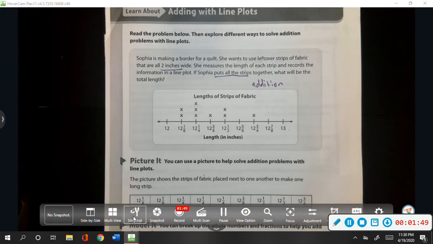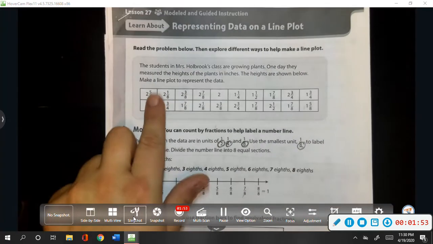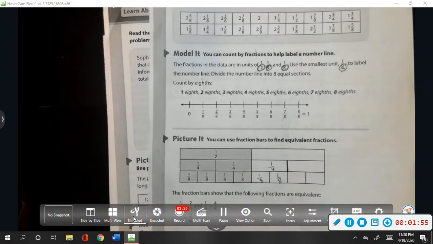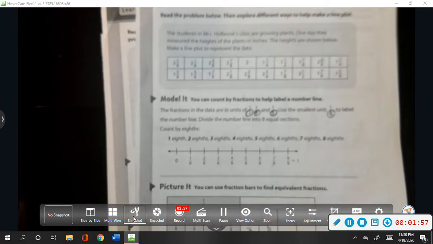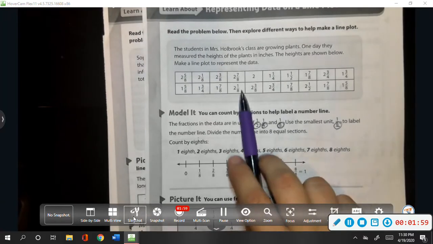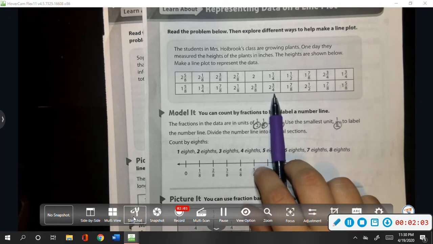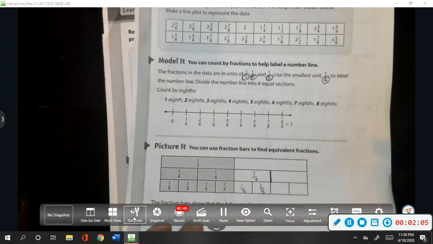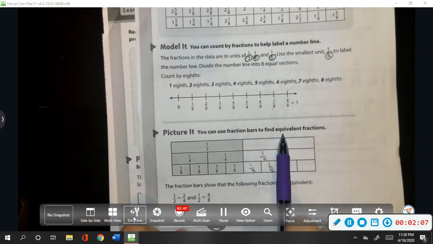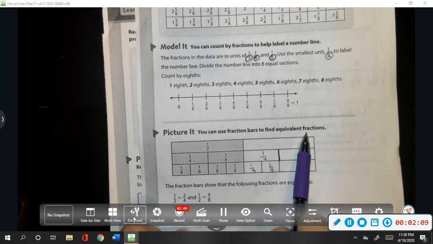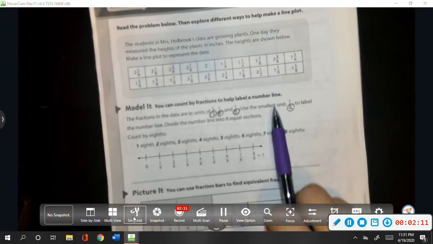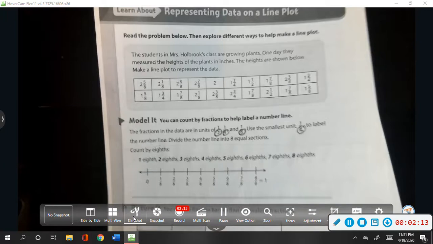Now, we saw this before. If we go back to what we did yesterday when we were representing data, this is page 290 in the instructional book, we had a line plot that had different fractions with different denominators. And what did we do? We found the equivalent fraction of the smallest unit represented by the data.